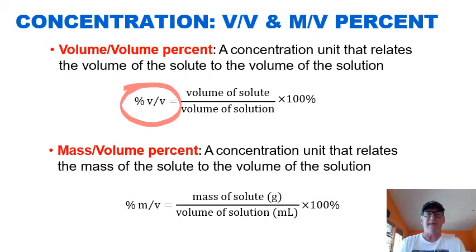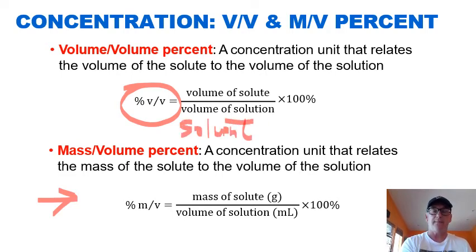Actually, I think that one's a mass over volume. So I may have to check the bottle. But if you have two liquids, basically you look at the volume of solute over the volume of solution. So in that instance, again, you have to take the volume of the solvent and the solute on the bottom.